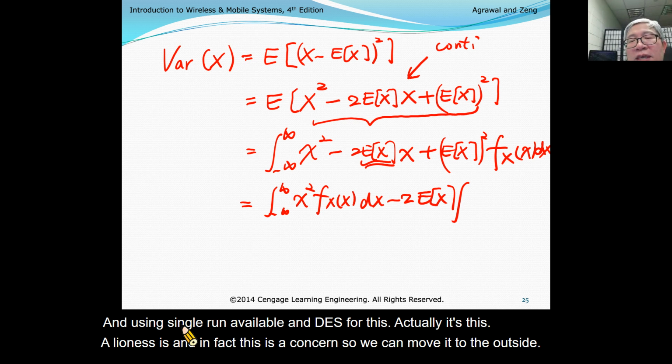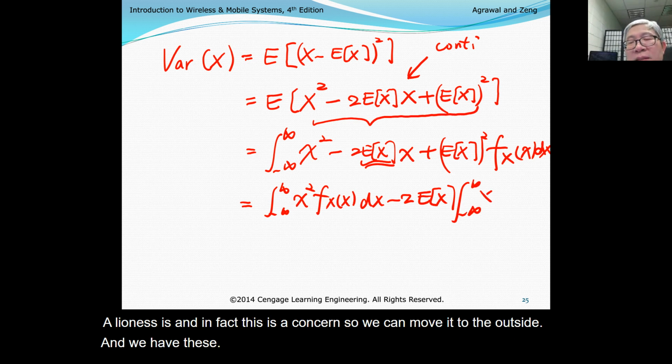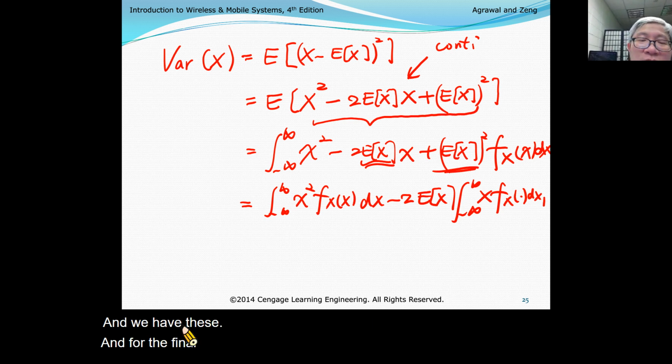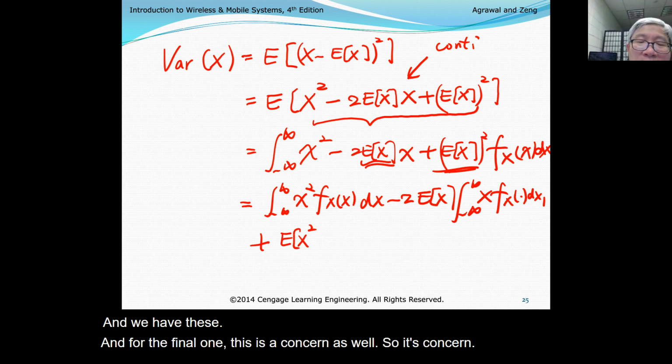And for the final one, this is a constant as well. We have this integral.